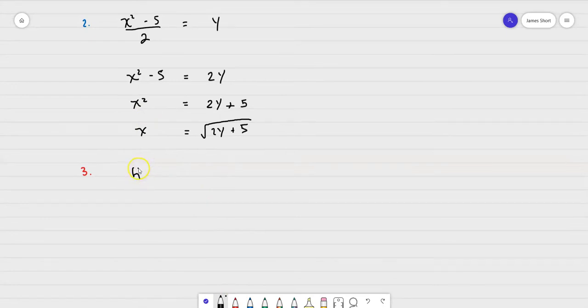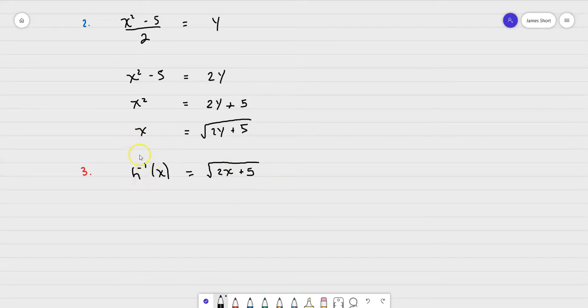So h inverse of x is equal to, and we're replacing y in the formula with x, so that'll be the square root of 2x plus 5.